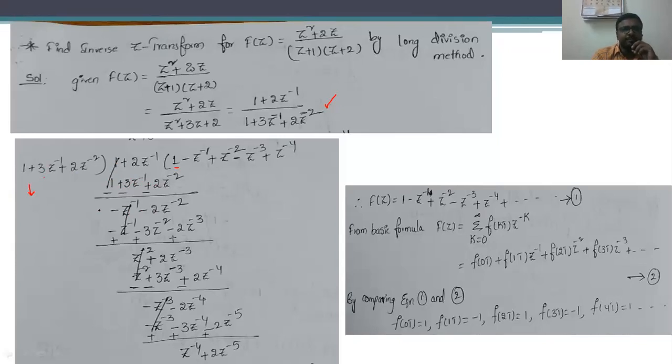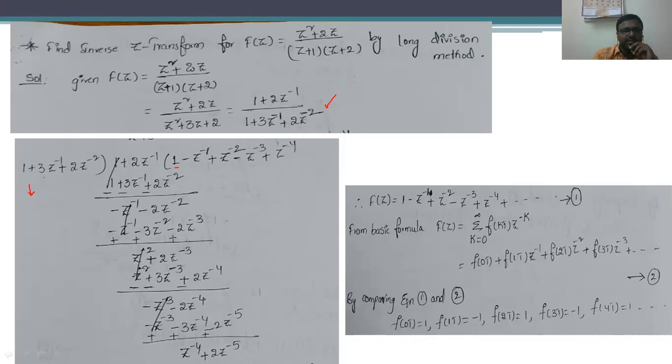So we get minus z power minus 1 minus 3z power minus 2 minus 2z power minus 3. Cancelling this z power minus 1 term, we simply get the value z power minus 2 plus 2z power minus 3.